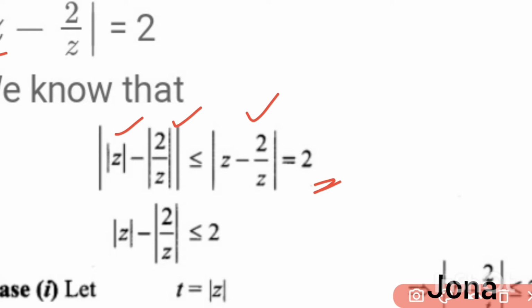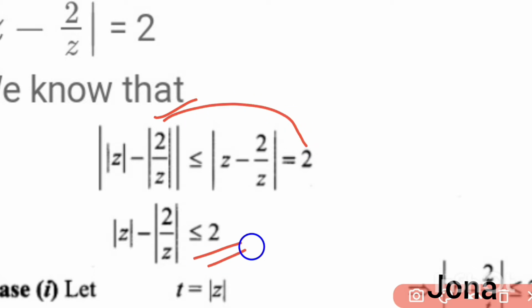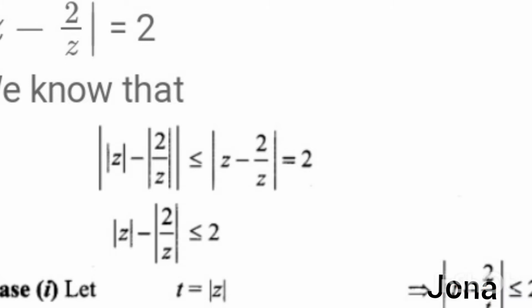From the previous properties we can have this, and then we can separate the thing here. Modulus of z minus modulus of 2 by z is less than or equal to 2 here. So we have two cases there.